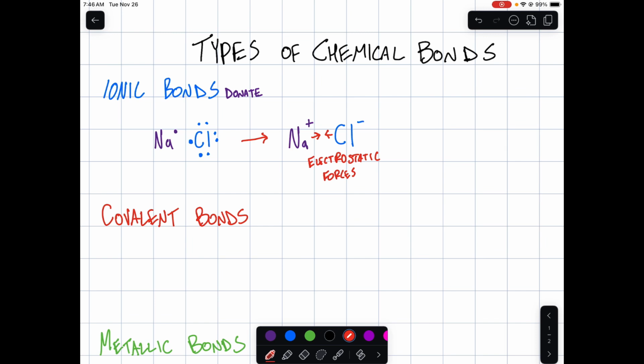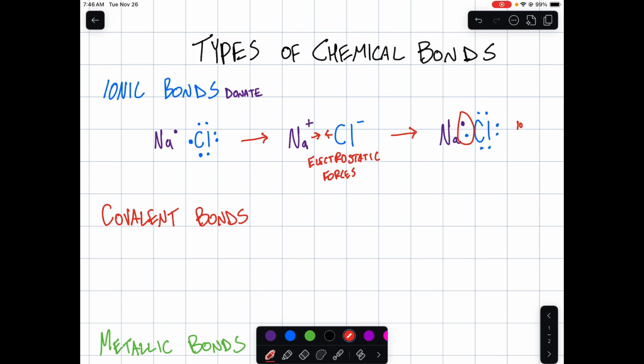So now that we have two ions forming, let's rewrite this ionic compound that we now have using the Lewis dot structure. Lewis dot structure simply shows valence electrons. So now we have an ionic bond right there and an ionic compound.